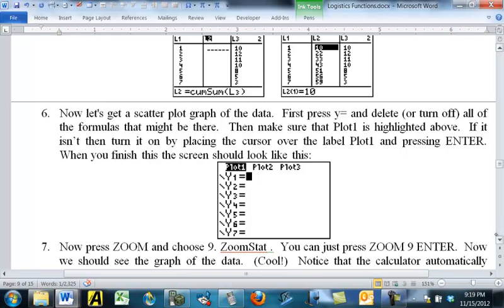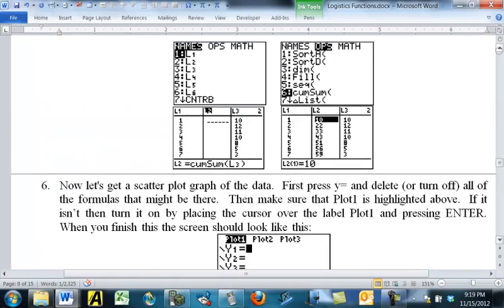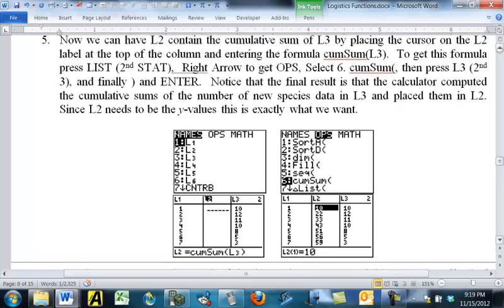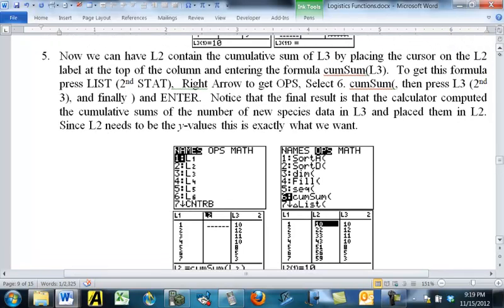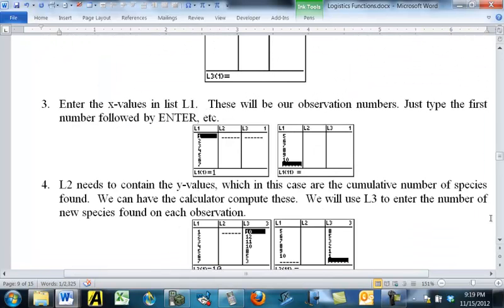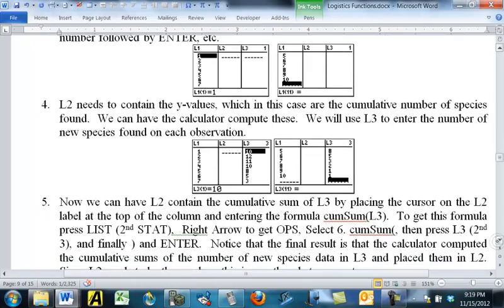Okay, so we put it in here. And actually, I'll let the calculator do a cumulative sum for me. This is something we haven't done yet. I want list 2 to be my actual data, my cumulative sum. So I use list 1 for the observation number, and list 3 for the number of new species. Type that in.